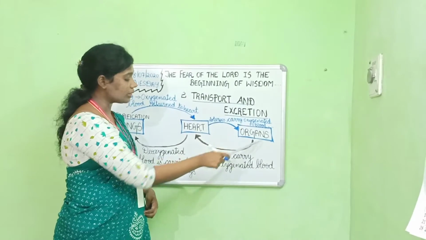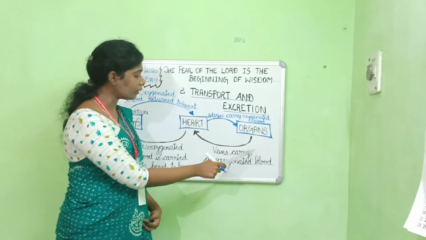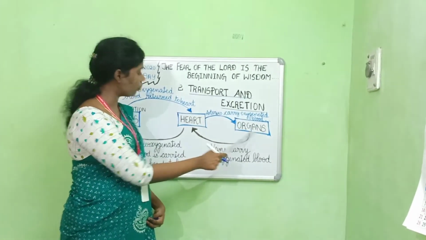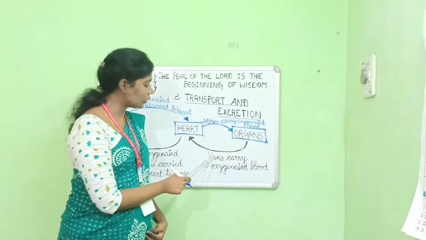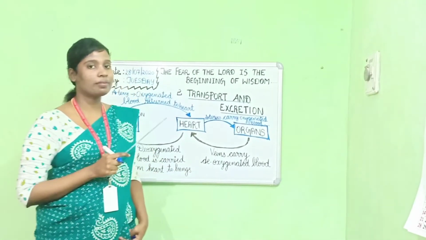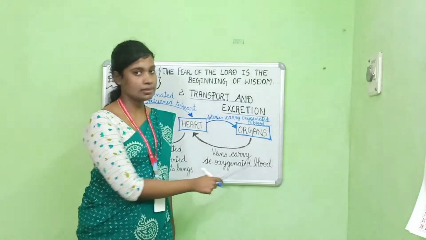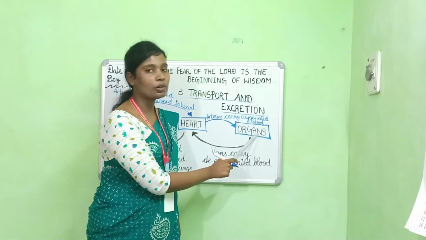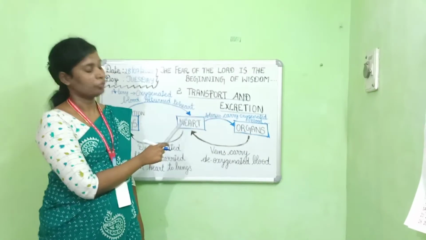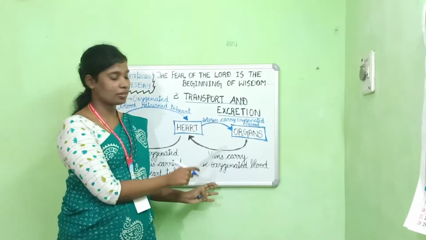This deoxygenated blood is carried from the organs and different parts of the body to the heart through the veins. So what you have to remember, the veins carry the deoxygenated blood from different parts of our body to the heart. So this is the first step.